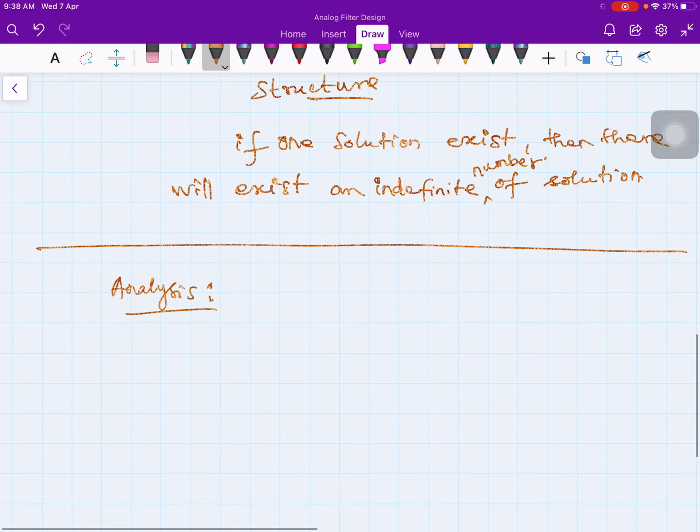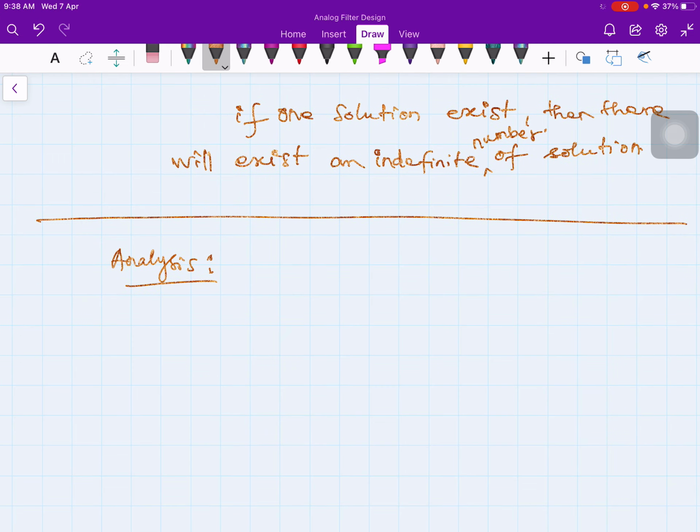Okay, so if you are given a structure like this, let me draw it. Okay, in the process I will also point out some of the disciplines that we have to observe.